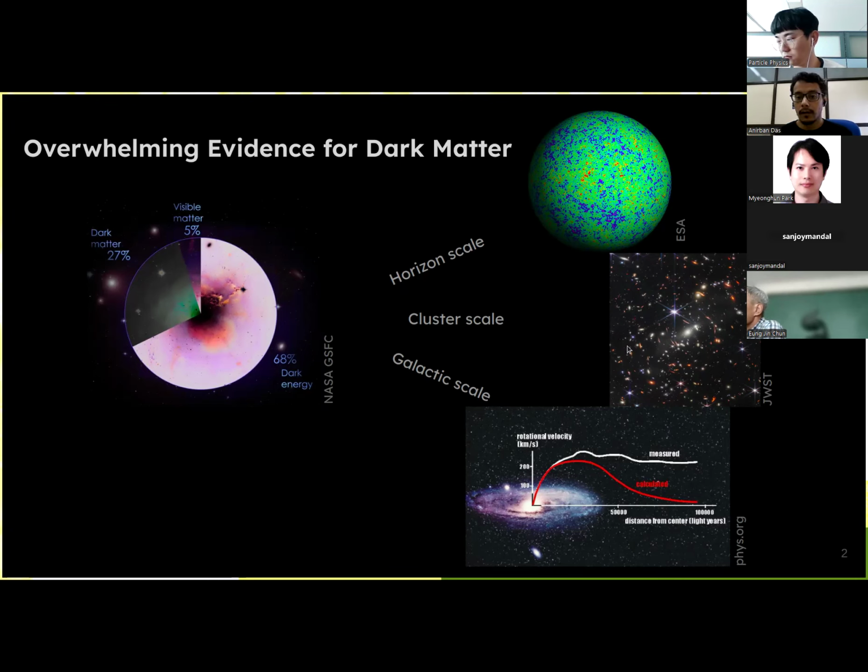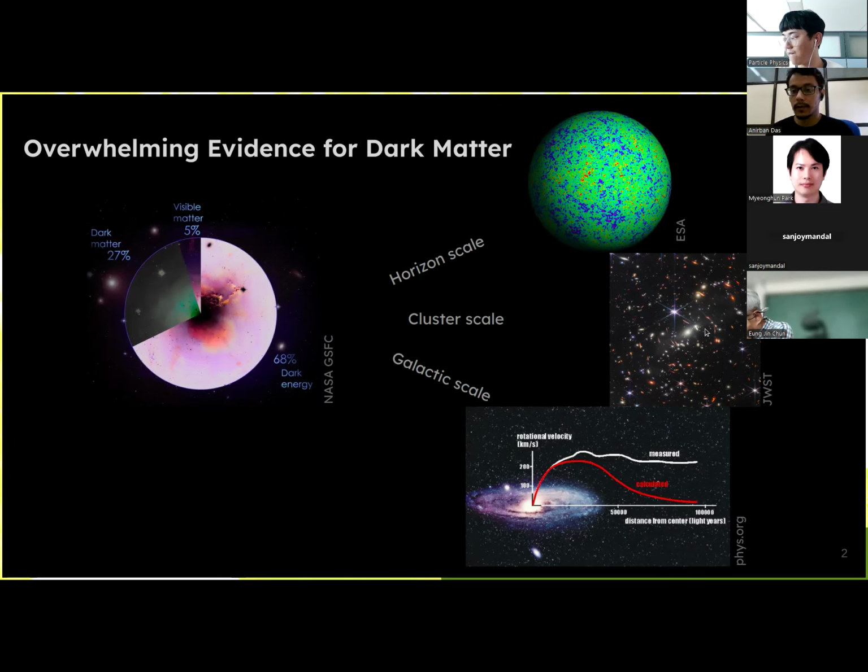On a larger scale, in galaxy clusters, we have also seen gravitational lensing, where the light from distant galaxies comes through another massive galaxy sitting in the intervening medium between us and the distant galaxy, and we see lensed images of those galaxies.